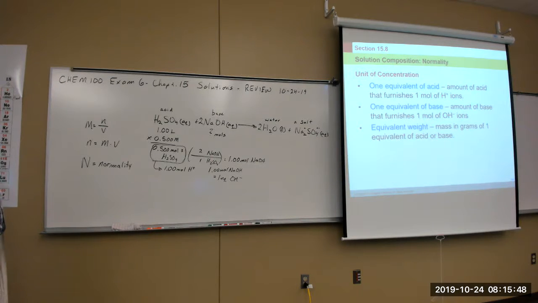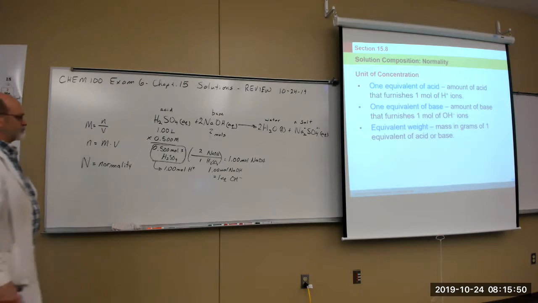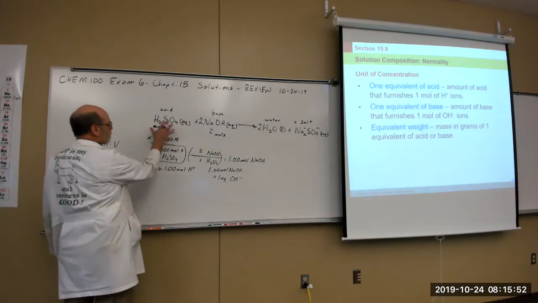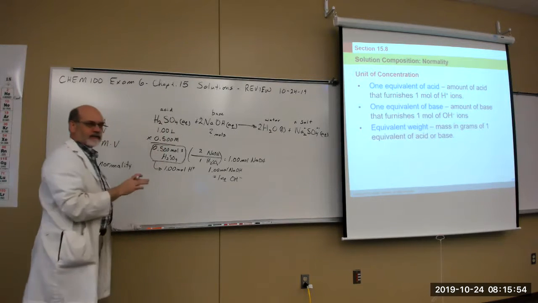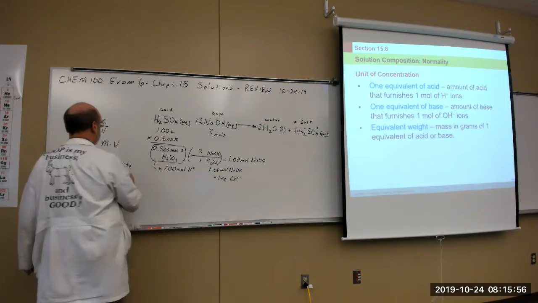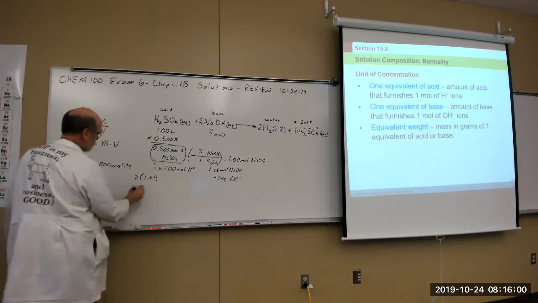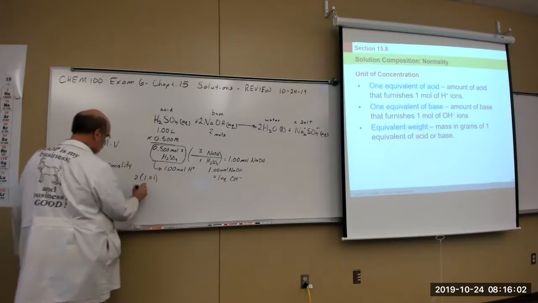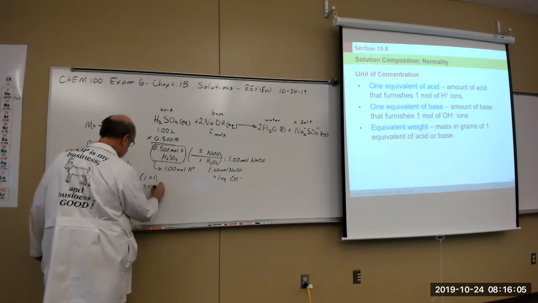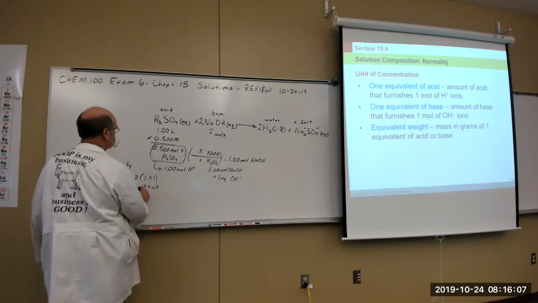I'm not going to dwell on this too much. The equivalent weight, if you know the molar mass of sulfuric acid, let's just calculate what it is. So the 2 of those, sulfur is 32.07. I think I already know what it is because I've done this before.